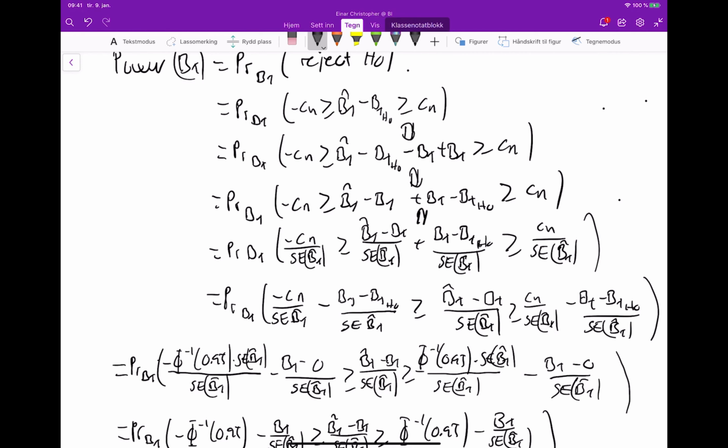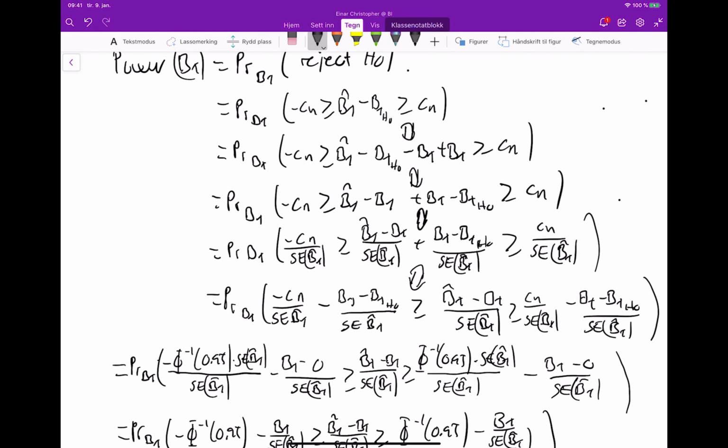Then I divide all places in the double inequality by the standard error of beta 1 hat. It's not a problem dividing by a standard error because it will always be positive, so we don't have to change the inequality signs. Then we get this, and I put beta 1 minus beta 1 under H0 divided by the standard error of beta 1 hat on the other side.